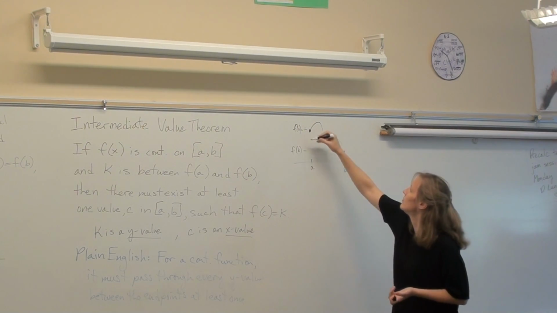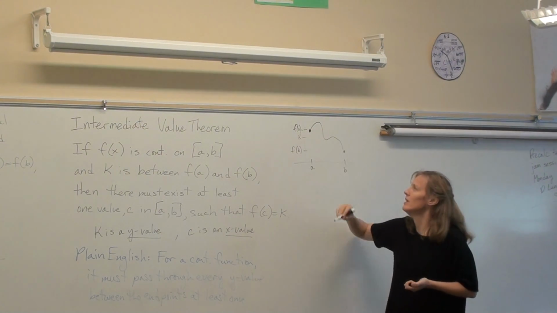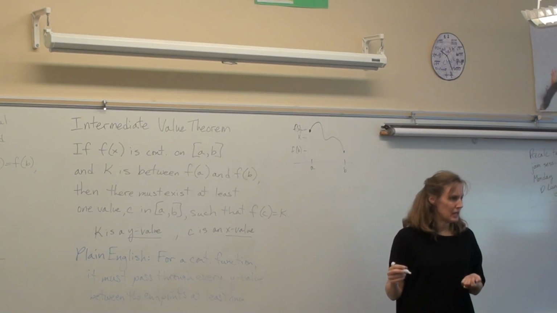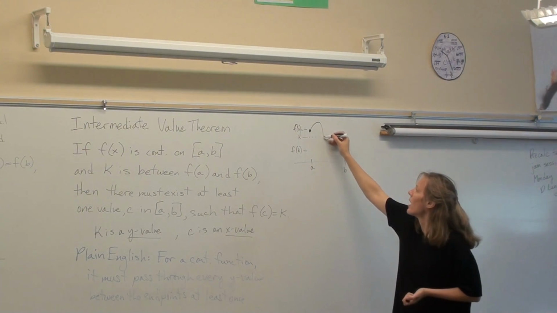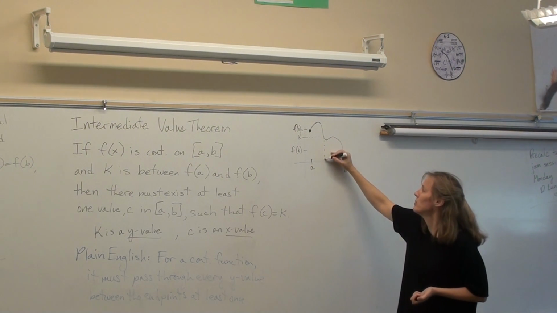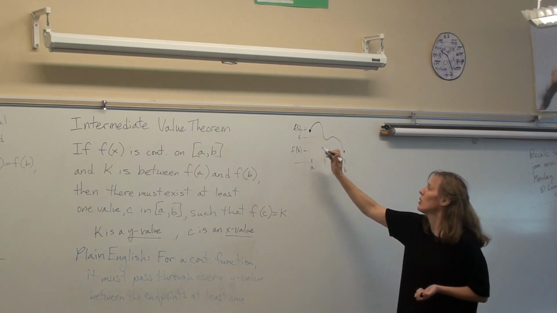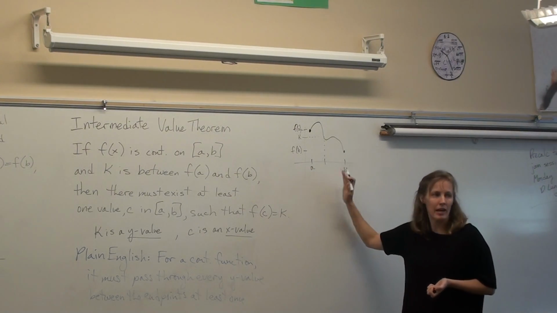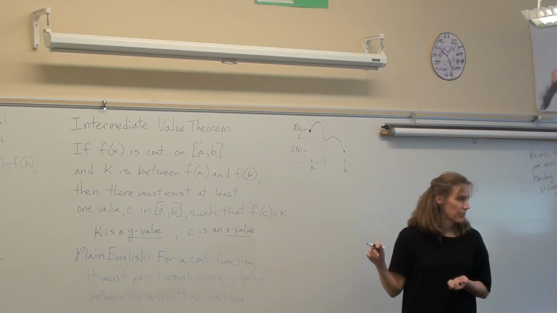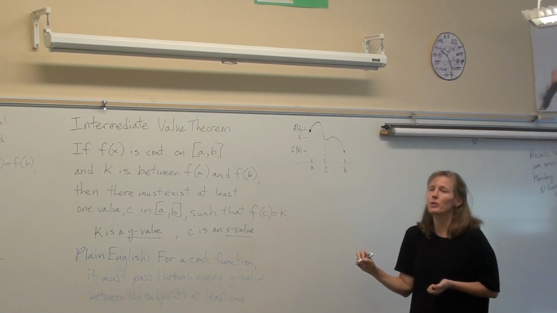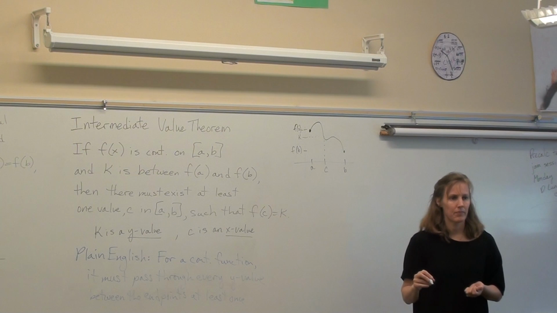So say you're given some value for k that's in between f of a and f of b, then there has to be at least one spot, and there can be more than one, but at least one spot in between these x values where the function hits that y value. And we would call the x value where it hits, we would call that c.